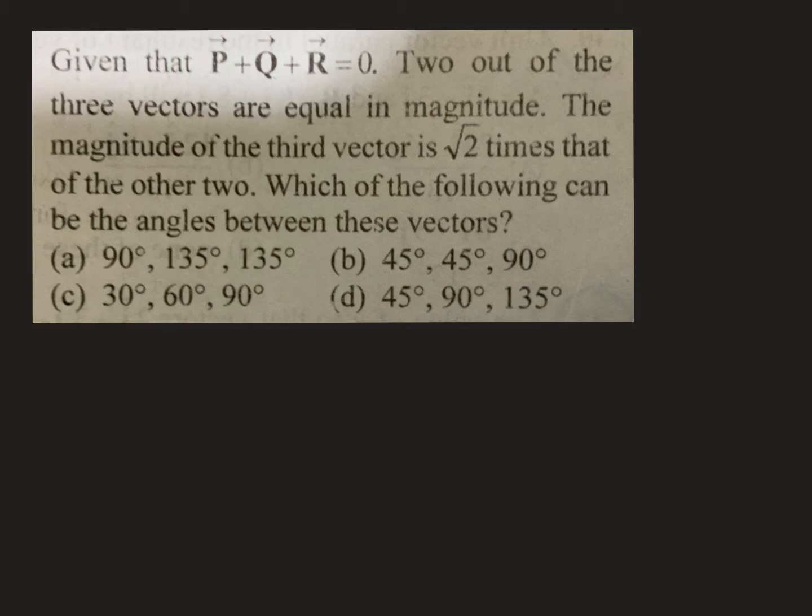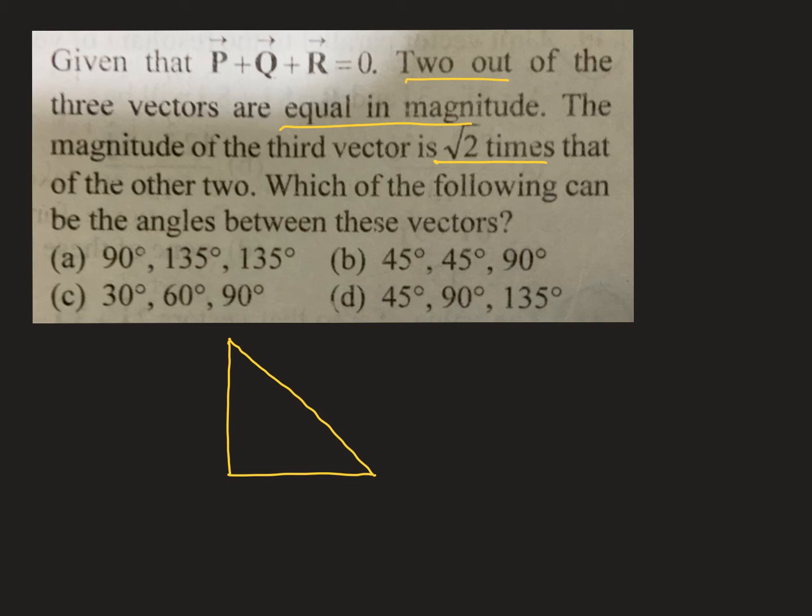Given that the sum of the three vectors is 0, they will form a closed triangle. Two of the vectors are equal in magnitude and the third is root 2 times the other, so they obviously form a right isosceles triangle like this.